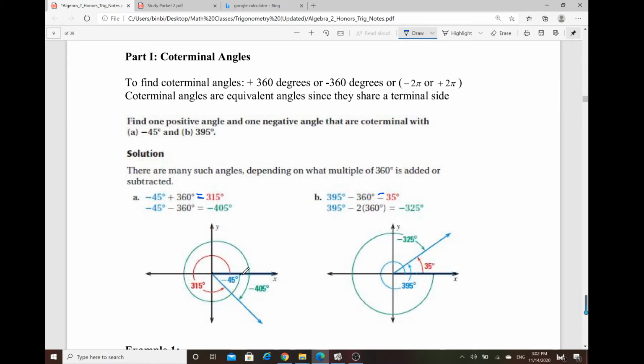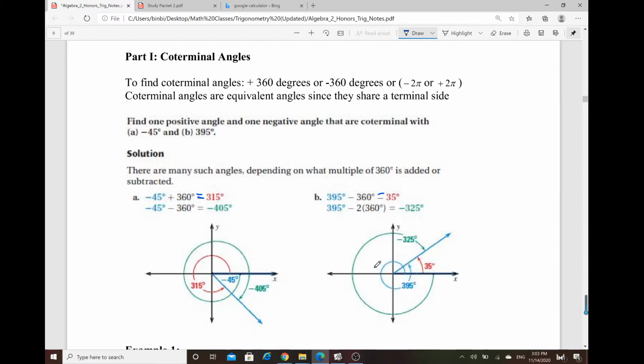Again, the illustration is showing how it goes. We started off with negative 45, going clockwise. To get the positive coterminal, you go back counterclockwise. To get the negative, you keep going 360 degrees, and you'll end up with the exact same terminal side. For this one as well, we started off with 395.